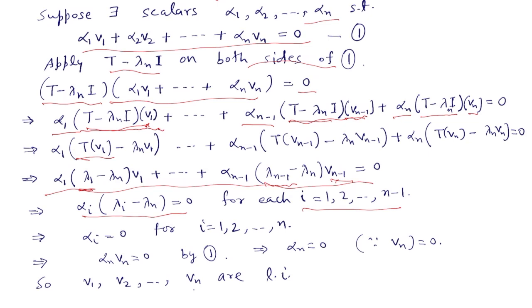But lambda i are distinct, so lambda i is not equal to lambda n for i equal to 1 to n minus 1. So that means alpha i is 0 for i equal to 1 up to n minus 1. And so by equation number 1 we have alpha n vn equal to 0, but vn is non-zero, so alpha n is 0, and so all scalars are 0. So v1, v2, ..., vn are linearly independent.